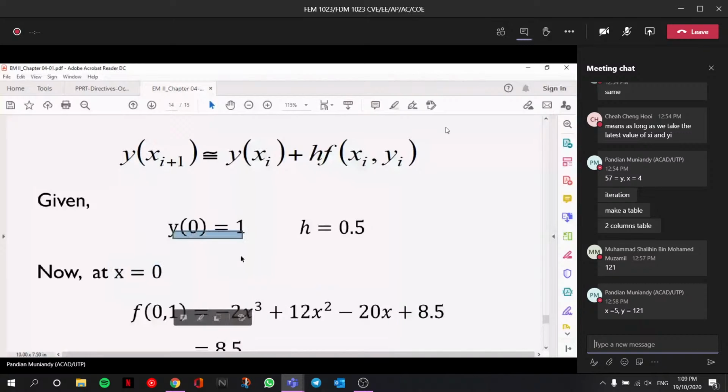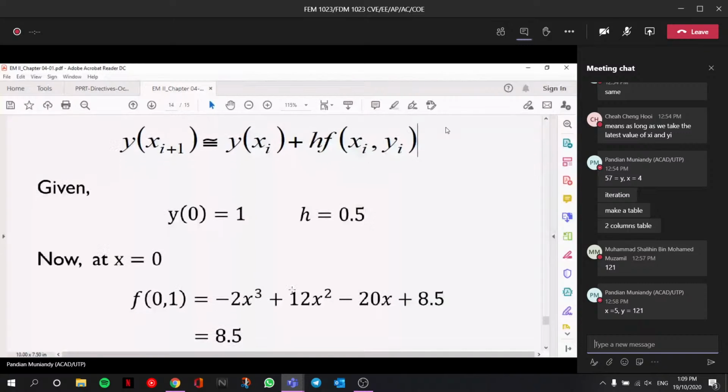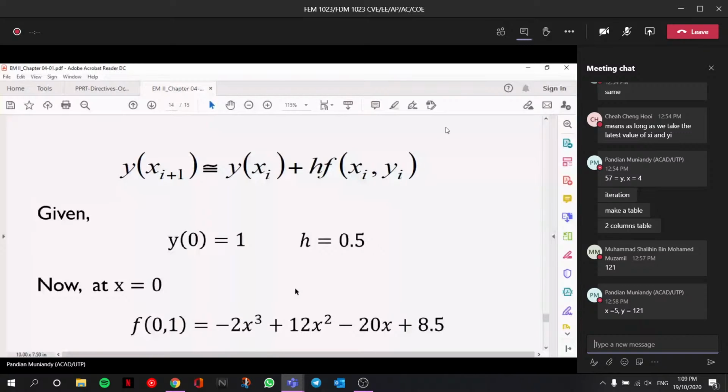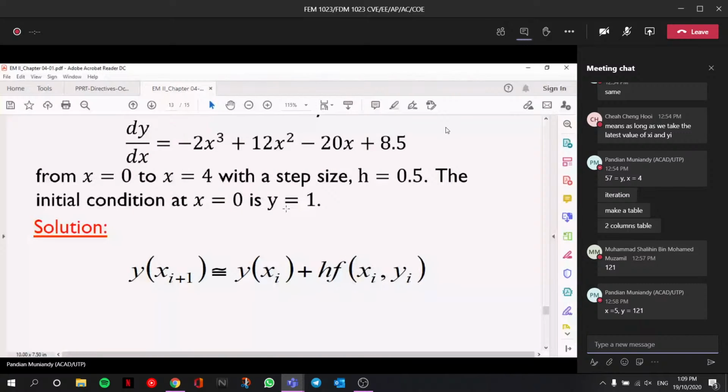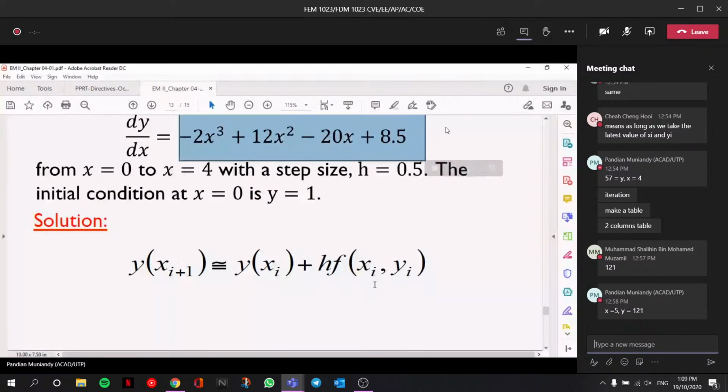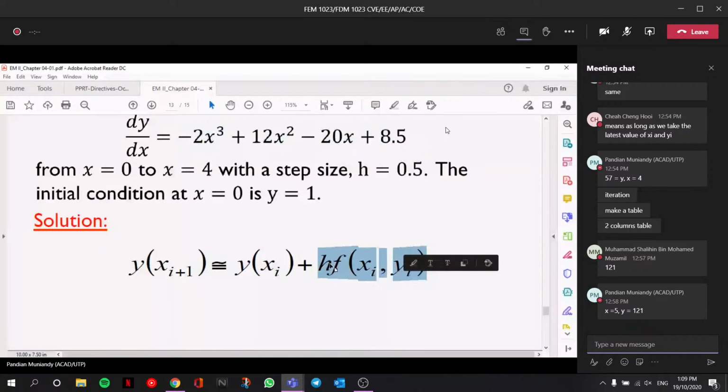This one is here. So you want to calculate this term, f(x0, y0). So f(0,1) is minus 2x cubed, from the problem, you take this part. You put this as f(x,y). h is 0.5.